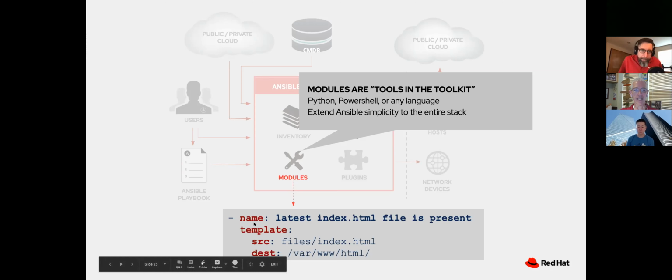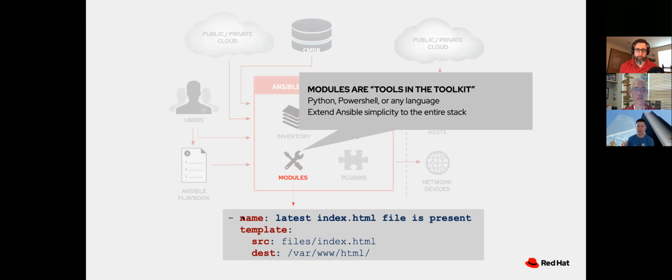So then within a task, you have a couple of things that are, I would say, required. The first one is this parameter called name. Strictly speaking, it's not required, but it's highly recommended that you put it in there because number one, it serves as a good form of documentation.